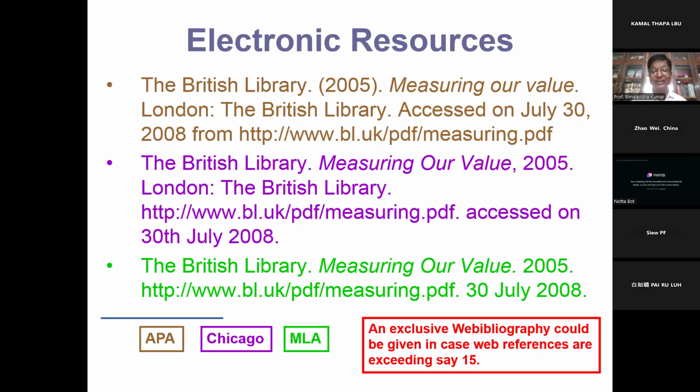In the case of the Chicago Manual, you give the British Library and the link, and the date, accessed on 30th July 2008. So this access date is given at the end. In the case of the MLA system also, it is not needed to write accessed on, only the 30th July 2008.